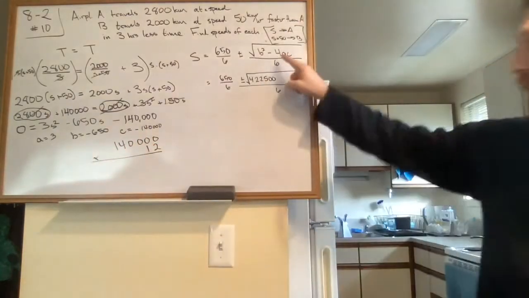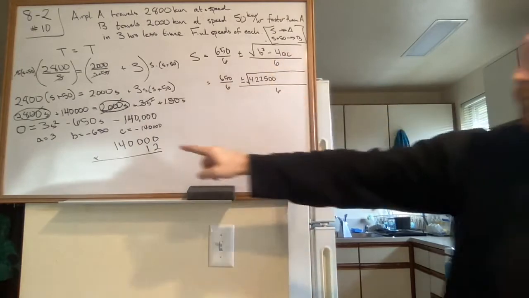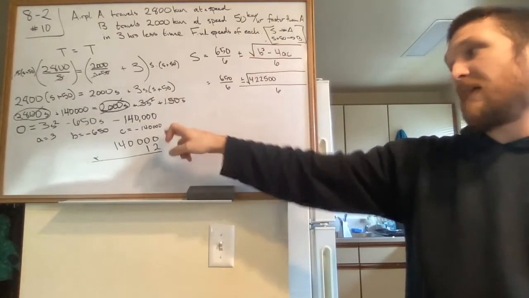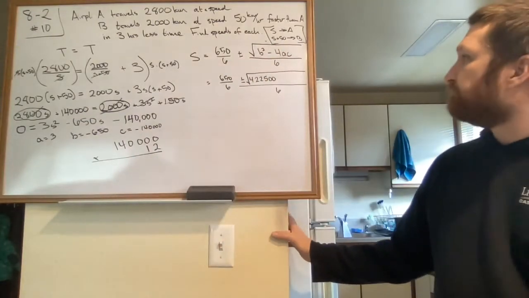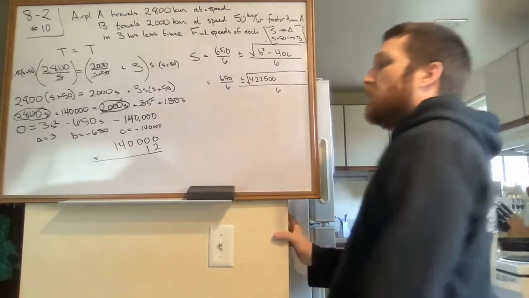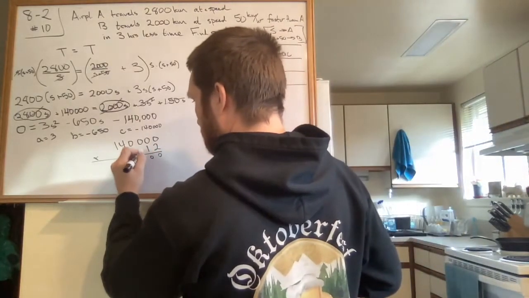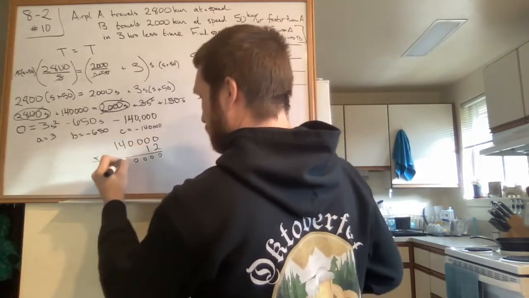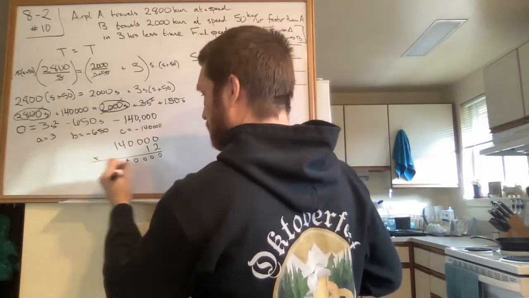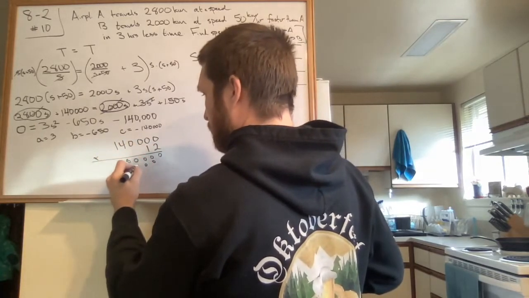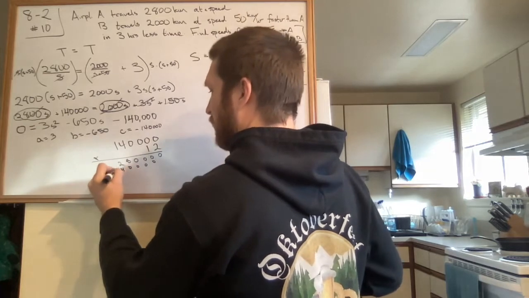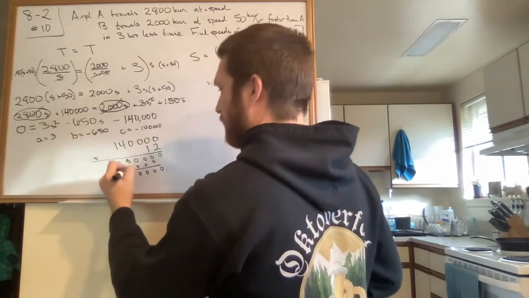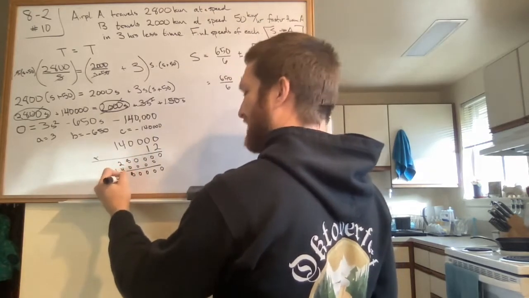I'm working out 4 times A times C. 4 times A was 4 times 3 is 12, times C, times that bad joker right there. 2 times 4 is 8, 2 times 1 is 2. All together it comes out to 16,800,000.